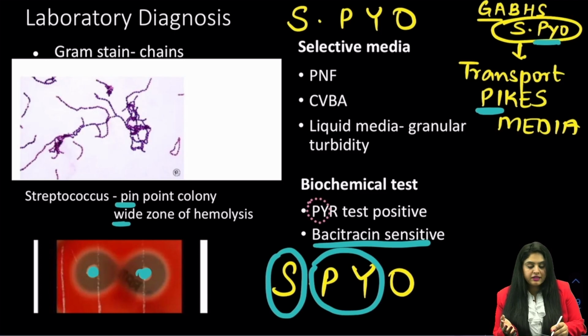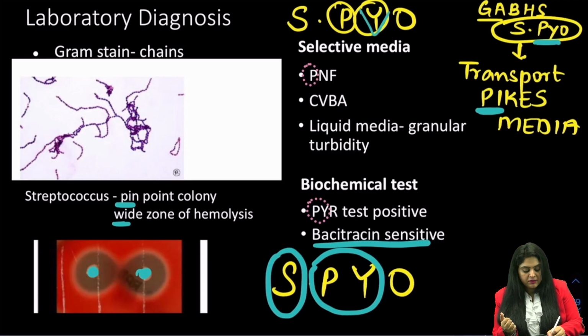Now we come to the selective media. When I talk about the selective media, again Streptococcus pyogenes is your mnemonic. The P over here tells me the PNF media. The Y over here tells me the V, that is the crystal violet blood agar. Very few have crystal violet in their blood agar as the selective media.